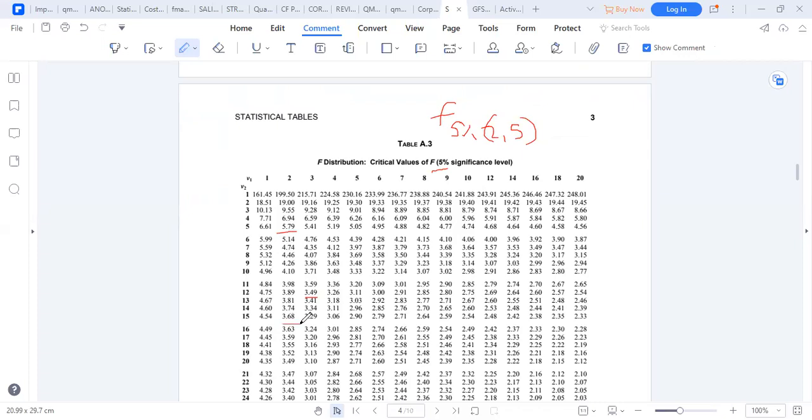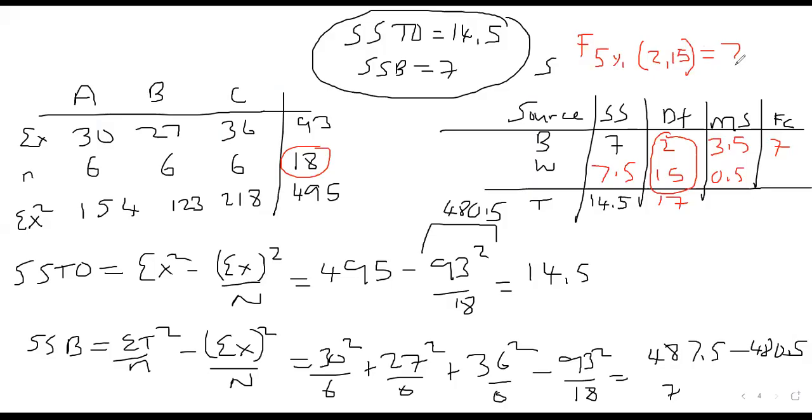What is the reading? 3 point what? 3.68, isn't it? 3.65. So let's conduct the whole ANOVA so that we get our full 25 marks. I'm very happy that we already know one question that we've done, which is coming in the exam. mu1 is equal to mu2 is equal to mu3. And here we say at least 1 is different.